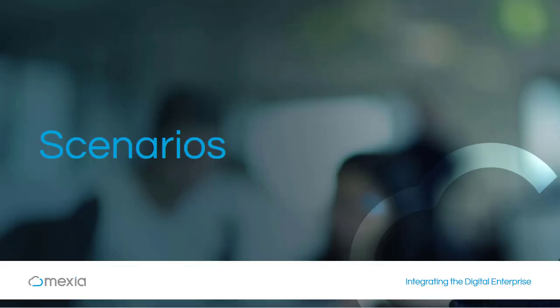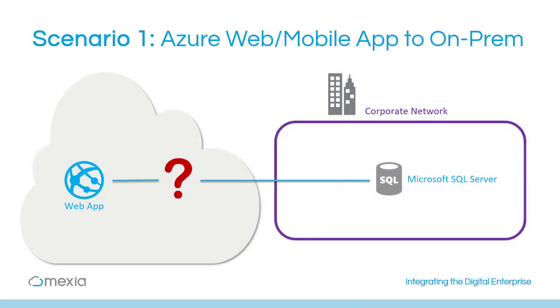For the rest of the presentation, I'd like to run through a few scenarios so we can highlight different examples of hybrid connectivity and which tech is best to service it. The first scenario is the very basic web app that needs to connect to an on-prem SQL Server database. Now, if you've been paying attention, it shouldn't be hard to guess that the best solution for this would typically be a hybrid connection.